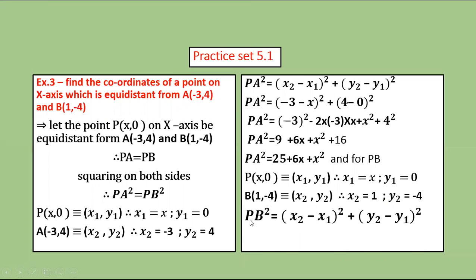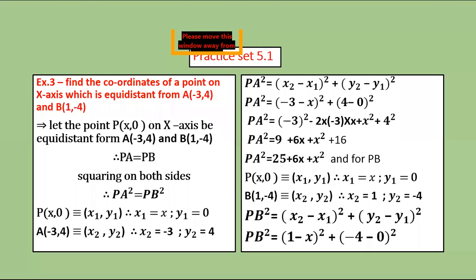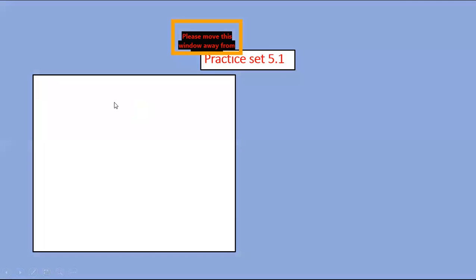By using the distance formula, PB square is equal to (x2 minus x1) square plus (y2 minus y1) square. Substitute the values: (1 minus x) square plus (-4 minus 0) square. PB square is equal to (1 minus x) square plus (-4) square.